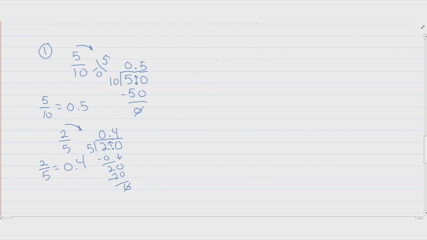Now there's another way of doing it that's really fast. It's actually probably perfect for this worksheet because we're dealing with denominators that have 10, 100, or 1,000 as the numbers. So the first one was 5 tenths, or 5 over 10. A quick way of doing this is just write the 5. As you can see, there's no decimal point.